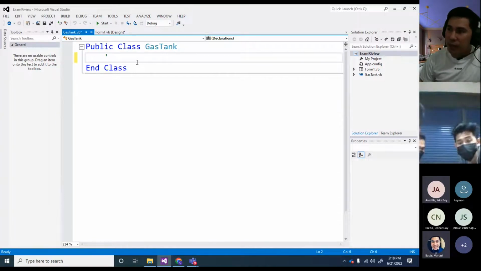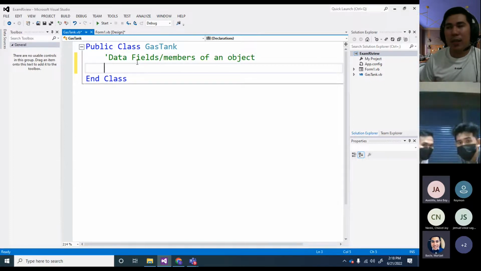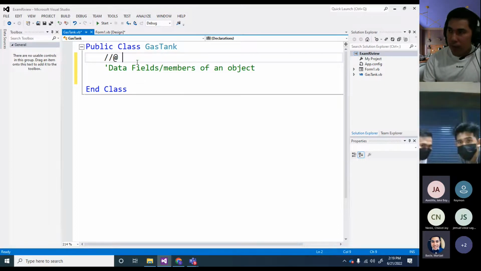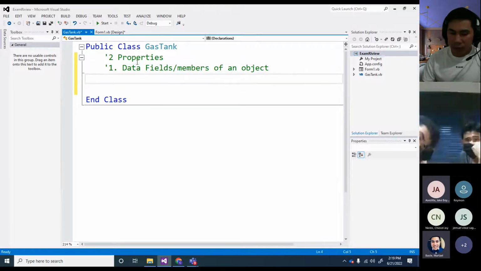So number one, let's have the property of a class. These are what we call data fields or members of an object. An object has two properties. Number one, the data fields, or the data members.